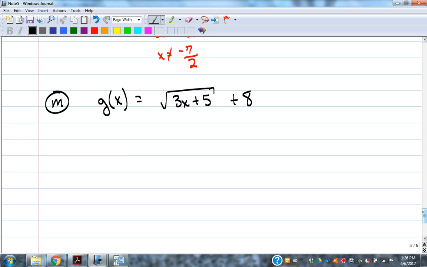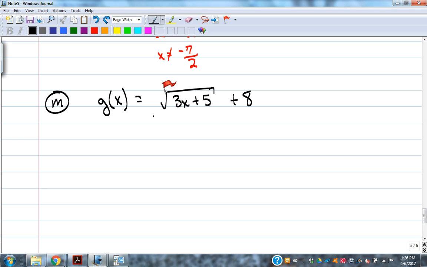Are there any red flags? There are. Yeah, the 3x plus 5. This square root's the problem. The plus 8 on the outside really doesn't matter. It doesn't affect the square root part. Only the part in the square root.